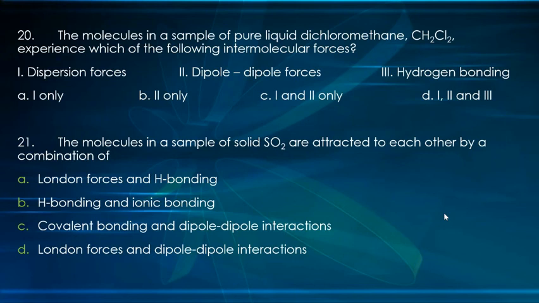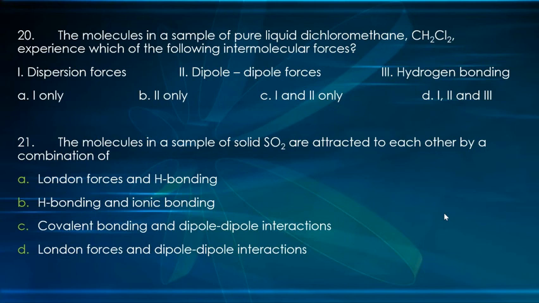That is C. And lastly, let's finish strong on 21. The molecules in a sample of SO2 are attracted to each other by a combination of, draw the Lewis dot structure for SO2. It clearly says it's a molecule. That'd be sulfur, 6 electrons, oxygen, 6 electrons, oxygen, 6 electrons, double bond, double bond.